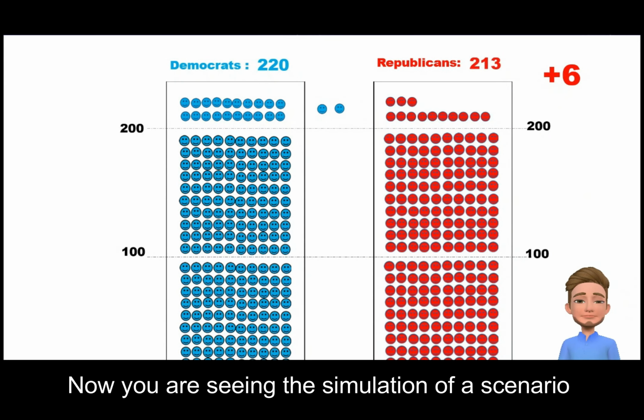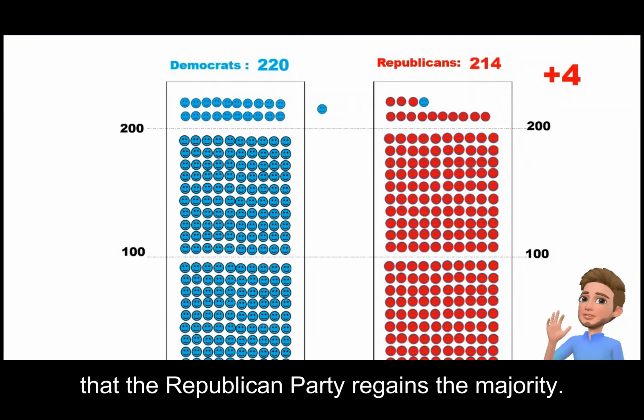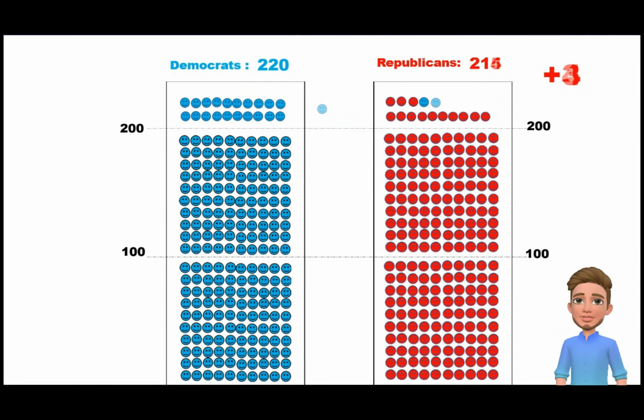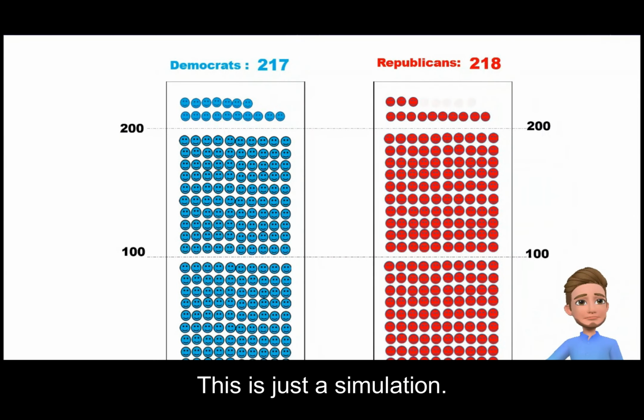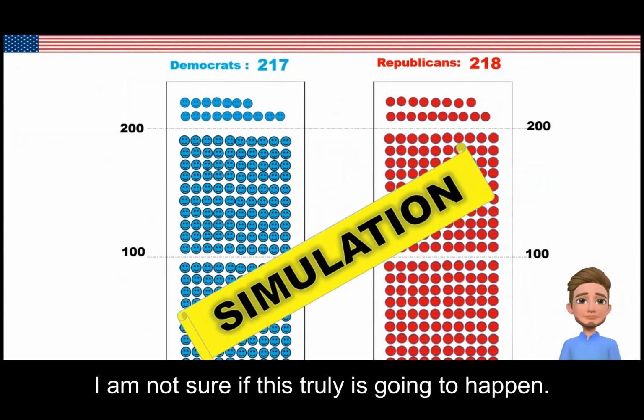Now you are seeing the simulation of a scenario that the Republican Party regains the majority. This is just a simulation. I'm not sure if this truly is going to happen.